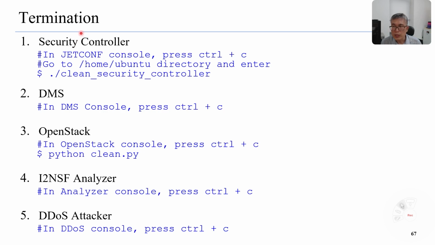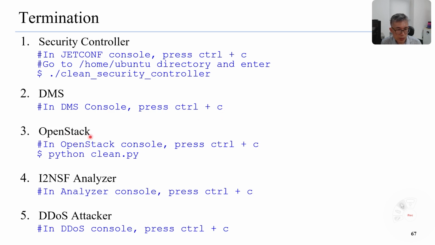To terminate after this DDoS attack scenario, you need to terminate all I2NSF components. First of all, the security controller can be terminated using clean security controller. In the DMF case, in the DMF console you can press Control plus Z, terminating your terminal.